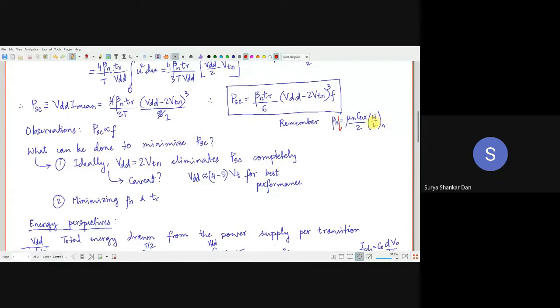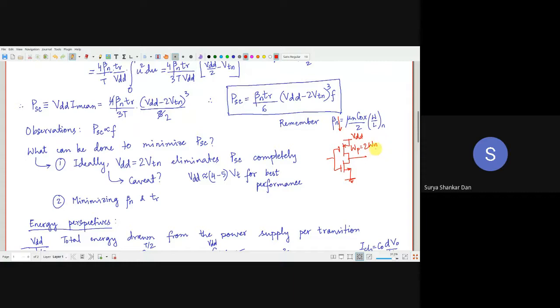For example, when we are speaking about W by L ratio, no, let's take the case of the NP only. This one. All we have said is that your WP is going to be twice of WN. Okay.